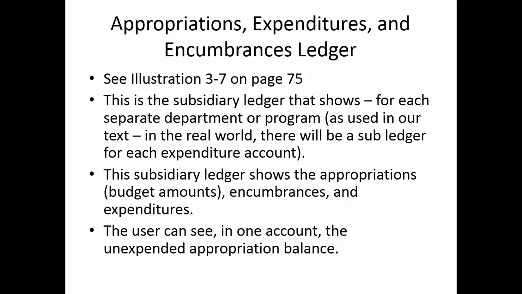In the real world, there will be a subsidiary ledger for each expenditure account. This subsidiary ledger shows the appropriations from the budget. This is the legal authority to spend. That is part of the budget process. Encumbrances and expenditures. The user can see in one account the unexpended appropriation balance, and this lets the user during the fiscal year know how much is available for issuing a purchase order and later receiving goods and services.